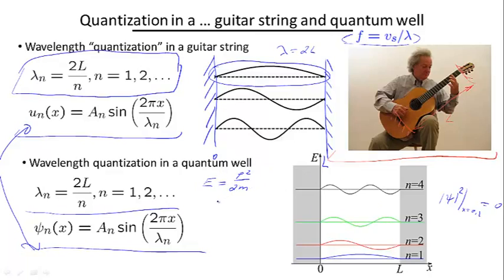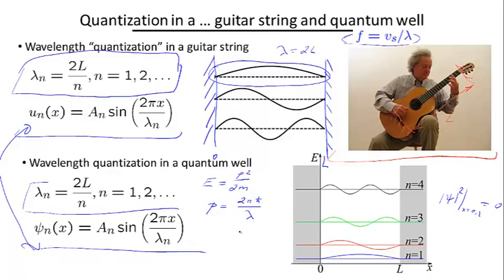And if we recall the de Broglie relation between the momentum and the wavelength, which is 2 pi h bar over lambda equals p, then we can readily combine these two results, the quantization of the wavelength and the scaling of the energy, to get the quantization of energy.